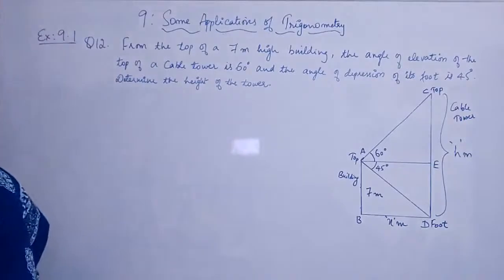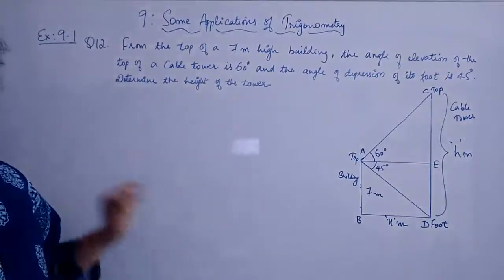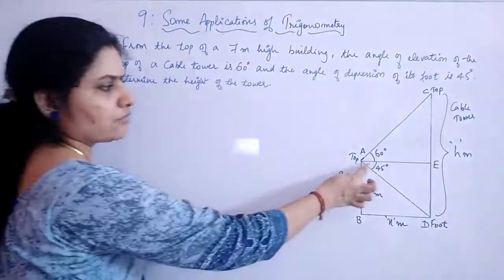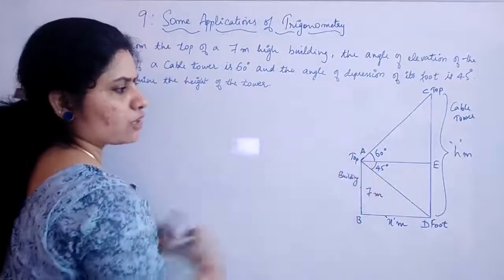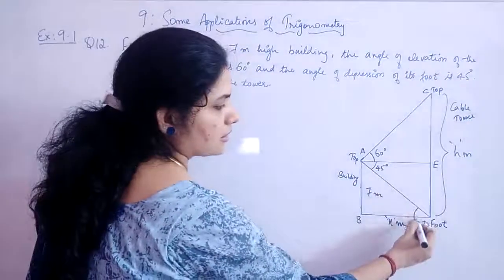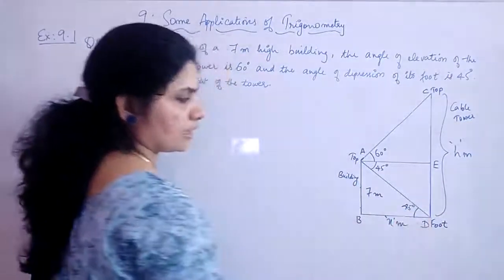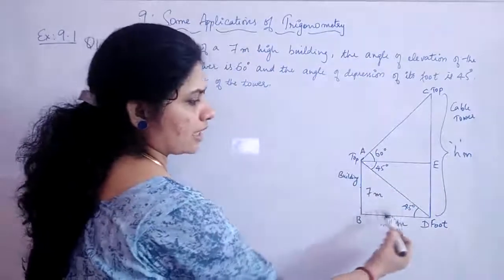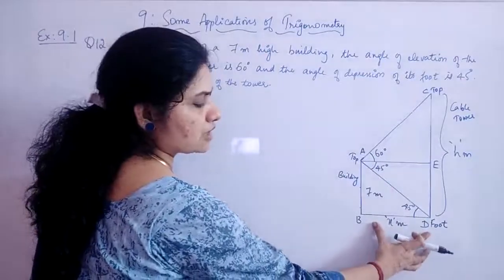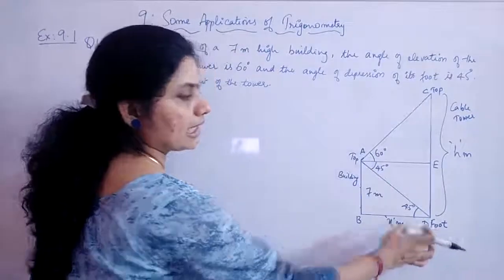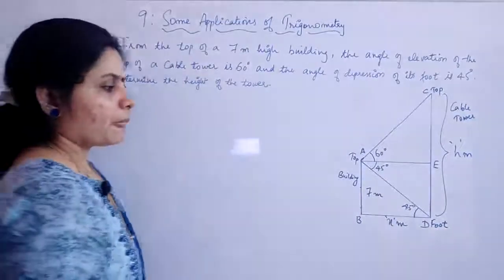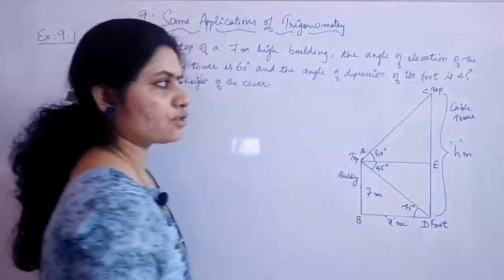Now you have to find out the height. For that, if this angle is 45 degrees, what about this angle? Since this is acting as a transversal, this angle will also be 45 degrees. So from this triangle, first we find the distance between the building and the cable tower, which will help us find the height of the cable tower.